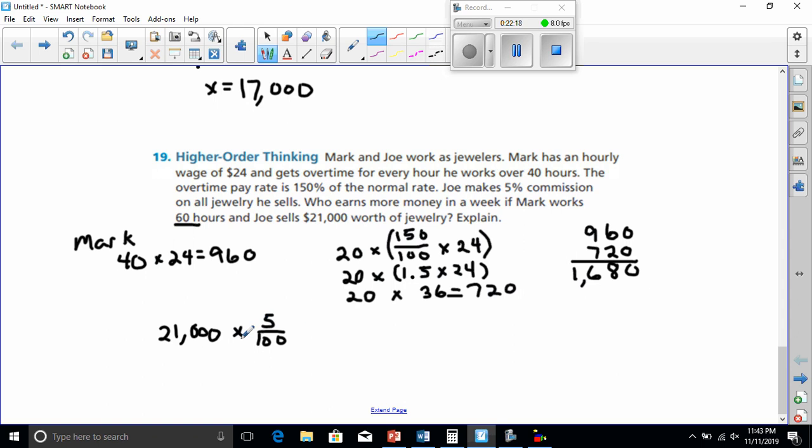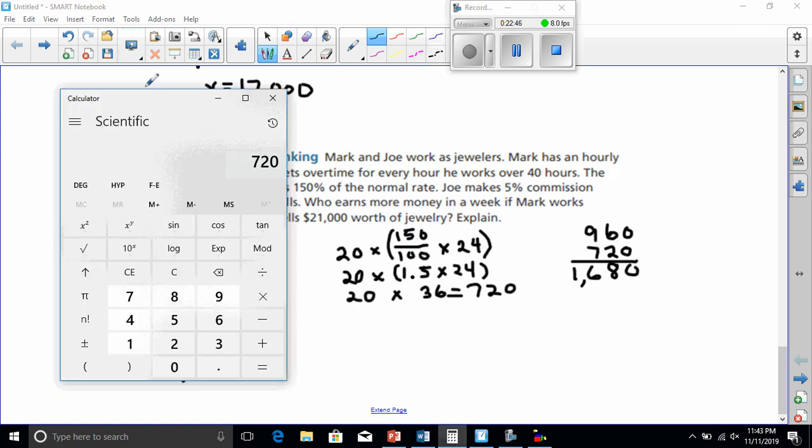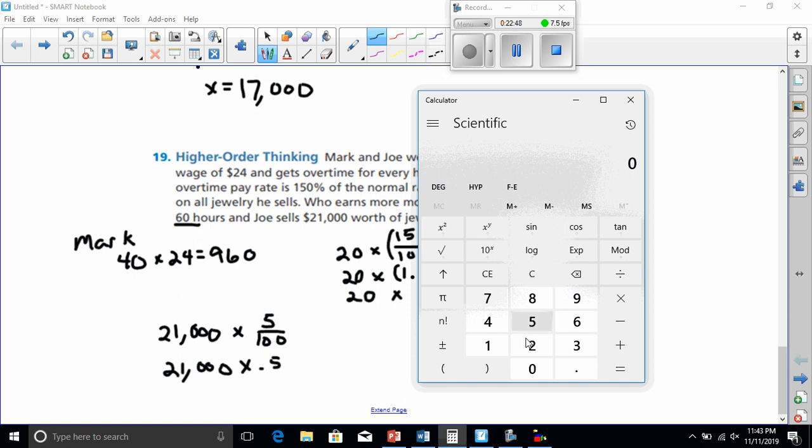We could do that, or we could just turn this into a decimal and then multiply it. So we've got 21,000 times 0.5. That's going to give me 10,500.